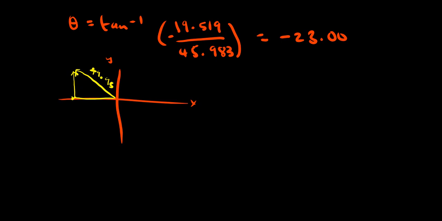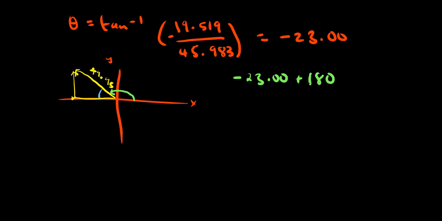So there, I've gotten my angle to be negative 23, this one here. Meaning the angle that I'm looking for, since I measure from the positive axis until I reach that vector, is here. So I just add, in this case, negative 23.00 plus 180.